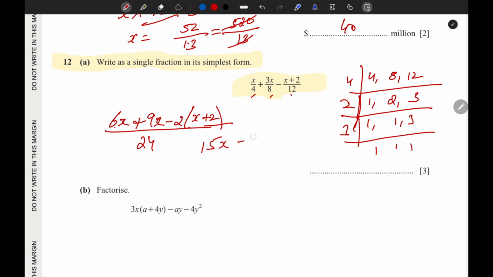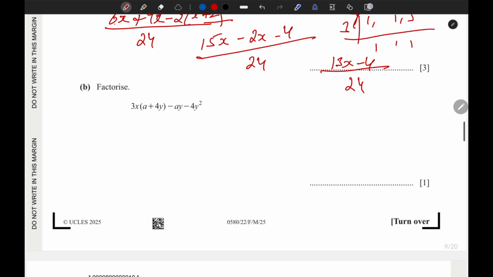And this is minus 2X minus 4 by 24. So 15X minus 2X is 13X, minus 4 by 24. This will be the final answer. Okay, now the next one is the B part.